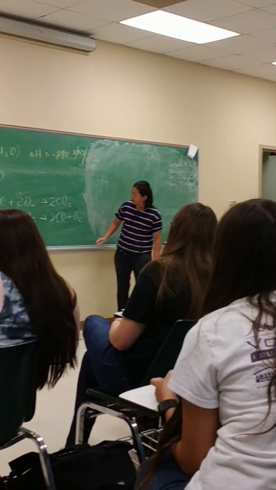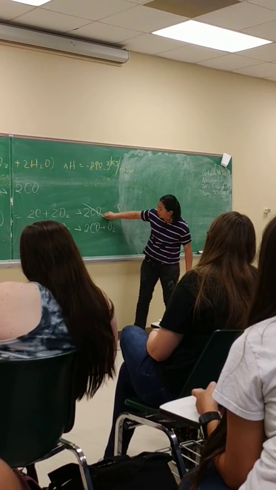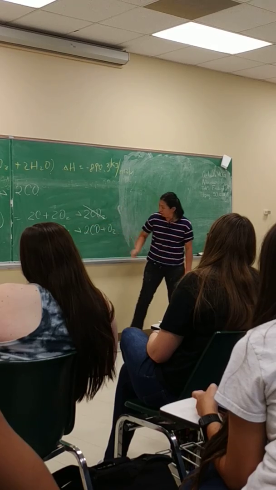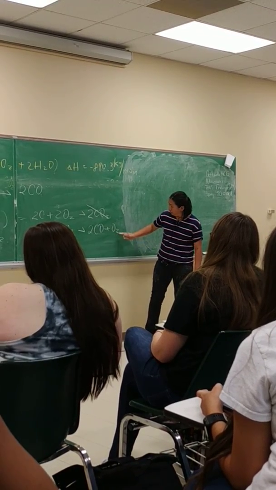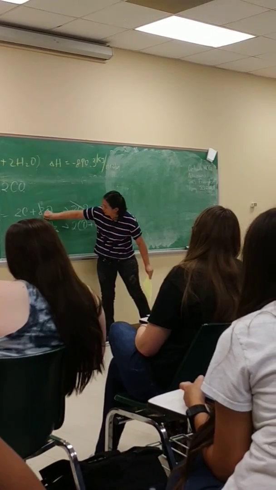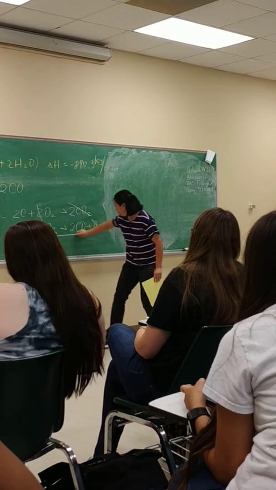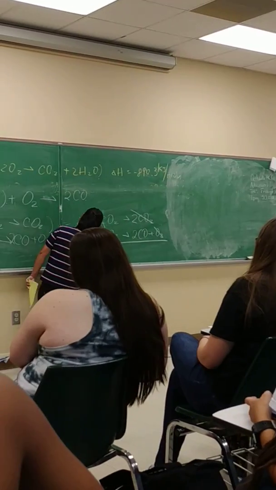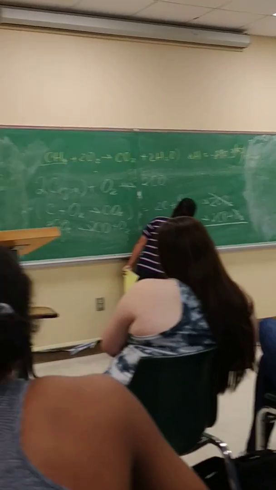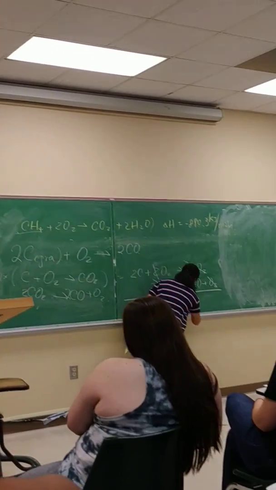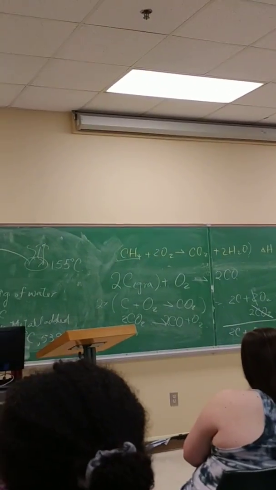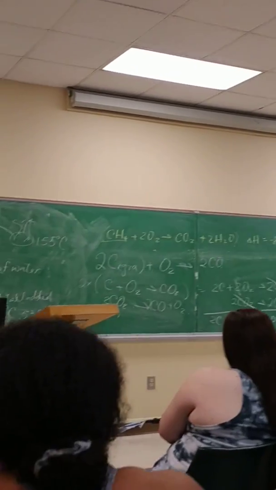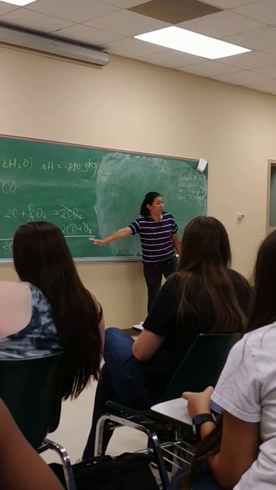Let's see what we can have. So this cancels out, right? Are we good? We can cancel one of those, right? So the net reaction is 2C plus O2 to CO. That's how they make this reaction possible to get measured.